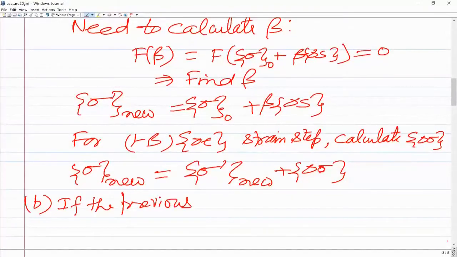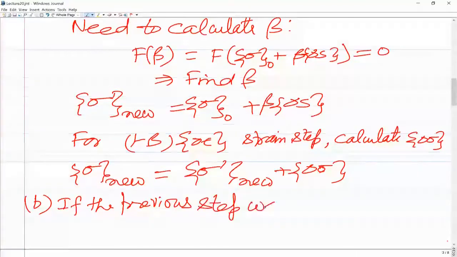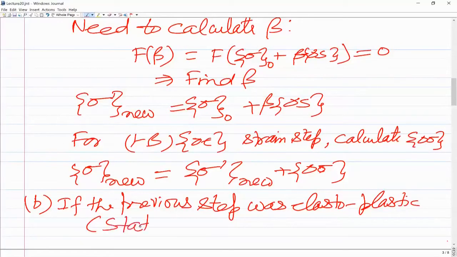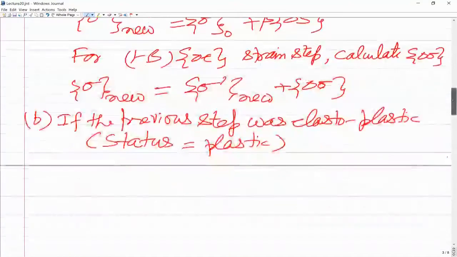At that particular Gauss point, that would be indicated by this status variable as plastic. So you can use one for elastic, two for plastic, store this status variable, and then you can always check.